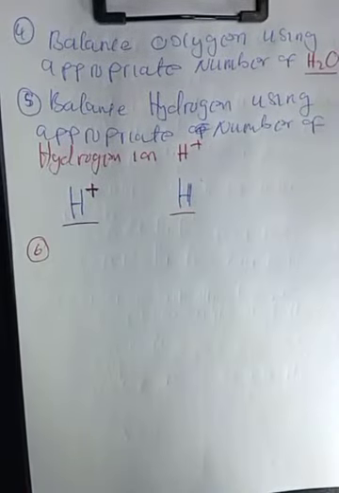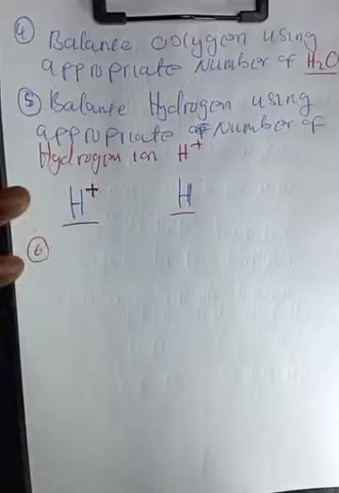Now 6, that we have to calculate the number of electrons lost and gained in each half reaction.